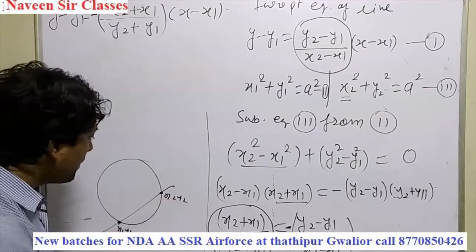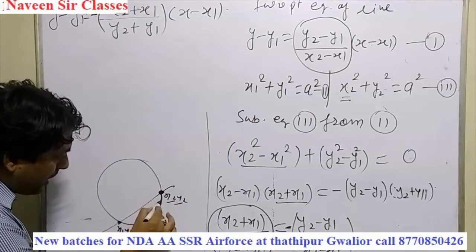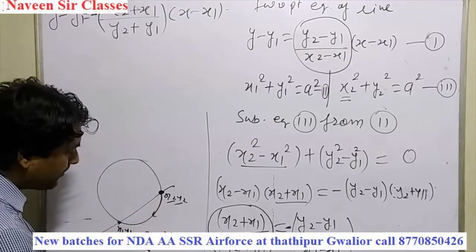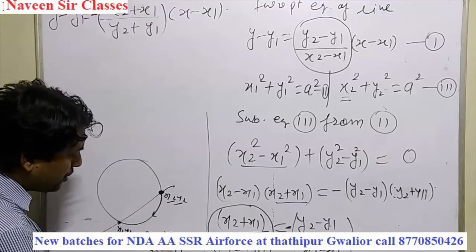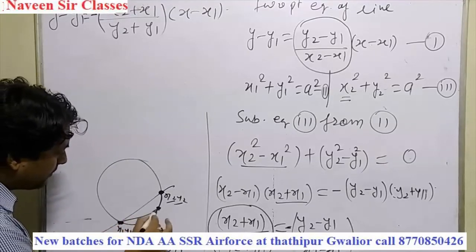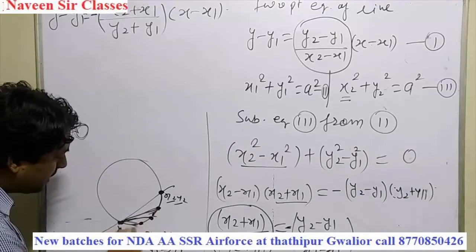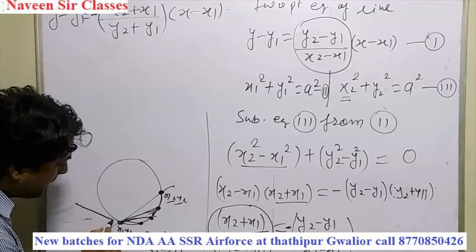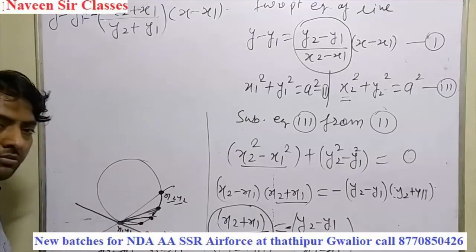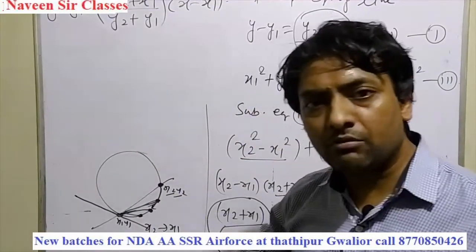As our chord point x2 y2 approaches x1 y1, such that x2 approaching x1 and y2 approaching y1, at a time, the value of x2 will be equal to x1 and the value of y2 will be equal to y1.